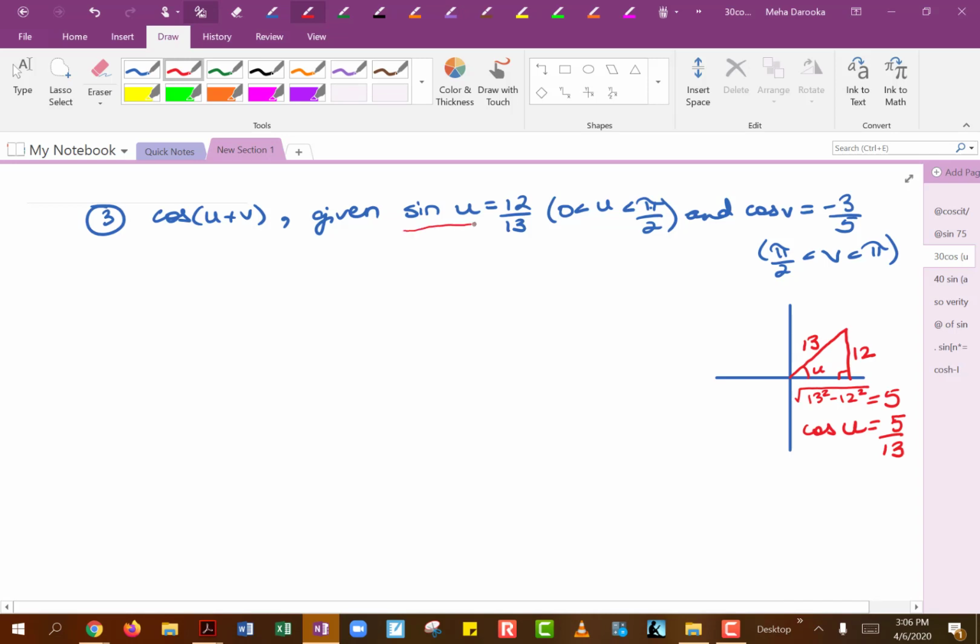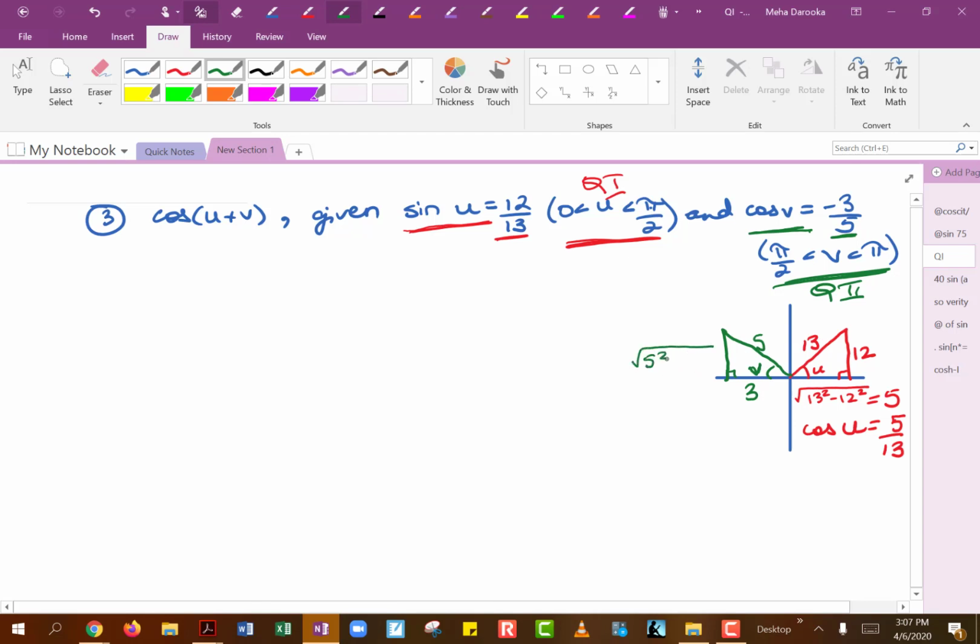So they're already giving us sine of u, and we know that's quadrant 1. And then they are giving us cosine of v, and we know this is quadrant 2, so that's why we're going to draw our quadrant 2 triangle. And they're telling us cosine. So cosine is adjacent over hypotenuse. And then of course to find the missing side, we can use the Pythagorean theorem.